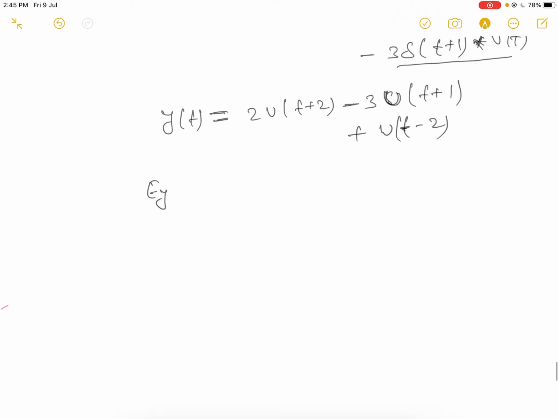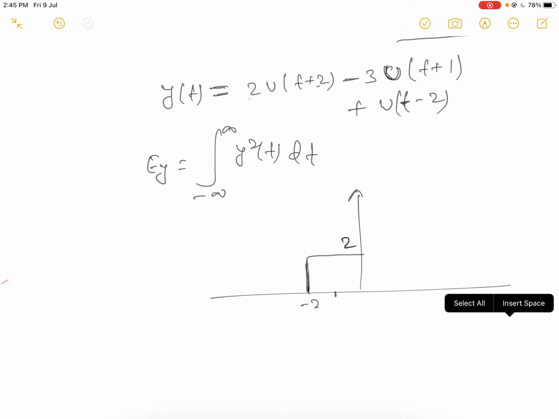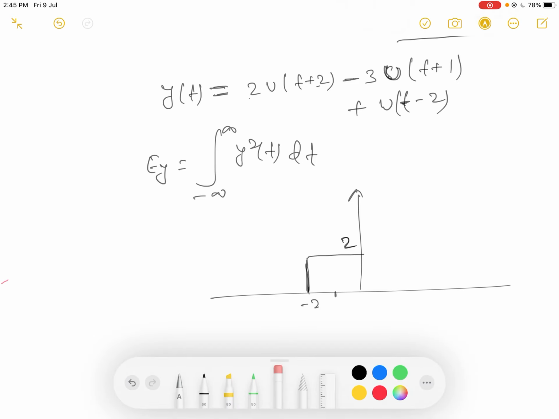Now take the energy. What is the energy formula? Integral from minus infinity to infinity of y square t dt. First draw the graph of this. Our signal starts from -2 with magnitude 2, and goes up to -1.